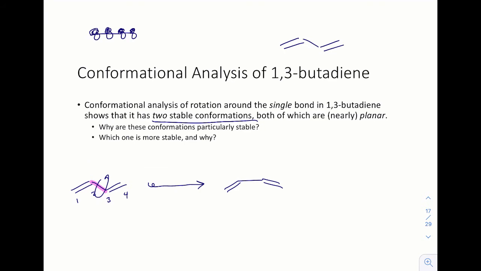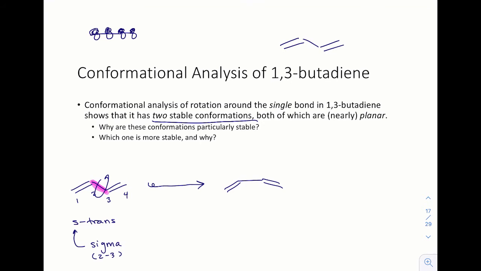Let's give them names. So the conformation on the left is called the s-trans conformation, where s means that there is a trans conformation about the sigma bond. So the 2,3 bond. So these 2 alkenes have a trans conformation about carbons 2 and 3.